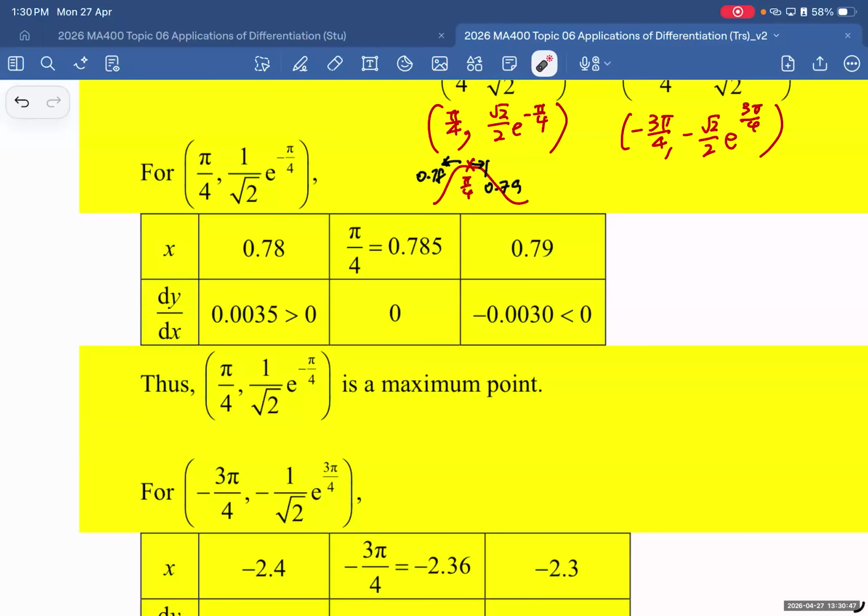They will tell you whether it's a maximum or minimum. I get what you mean, but try to find the actual value.